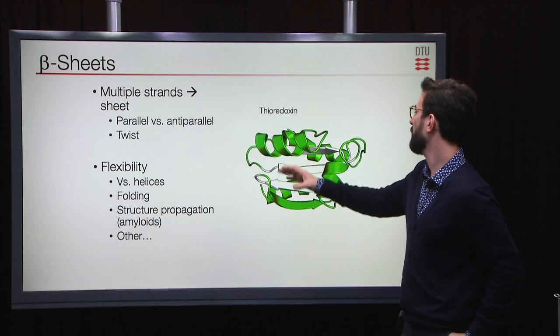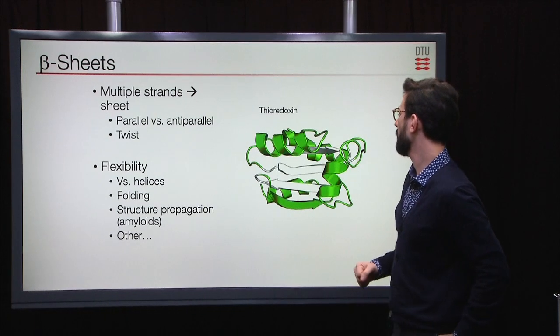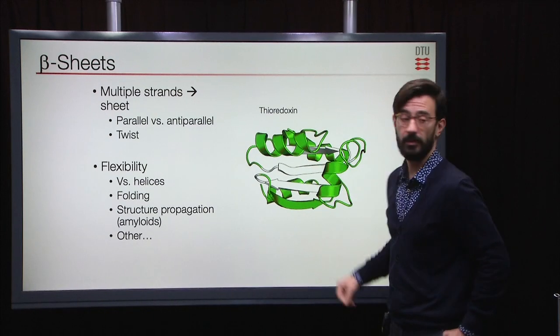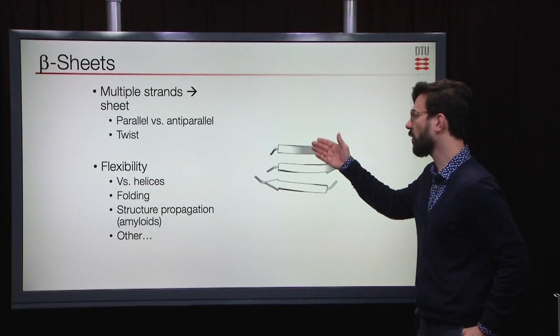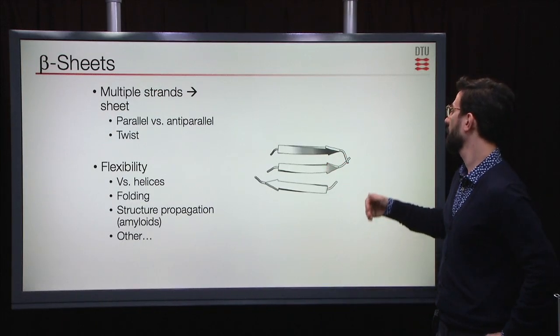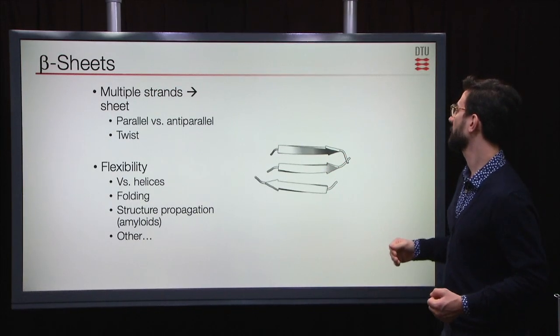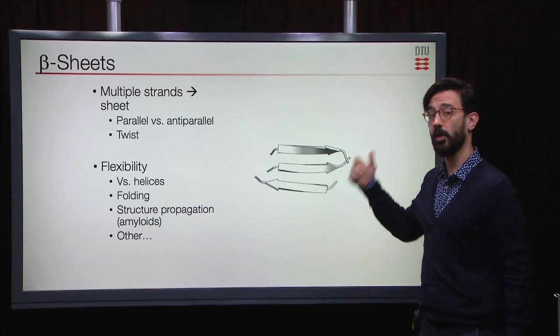We have an example here, a thioredoxin, in which we have several elements that are not strands, in green. If we remove those, we actually have a core that is formed by a beta sheet. A beta sheet is a kind of flat element that is generated by 2 or more beta strands.